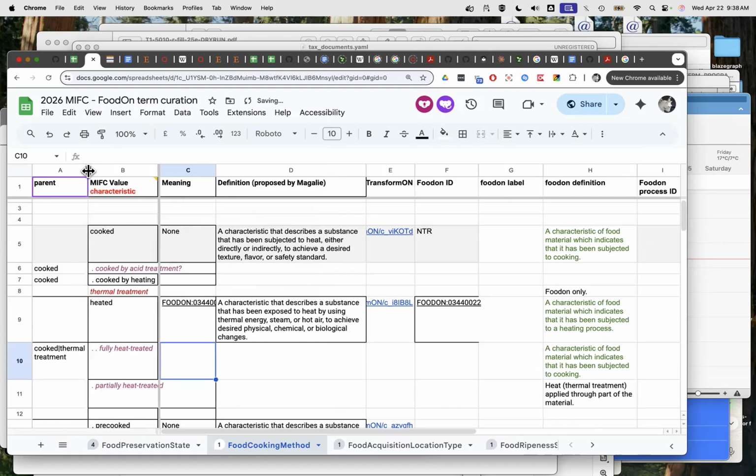Okay, so we've got fully heat treated, cooked and thermal treatment, partly heat treated. That's the question, whether that's also, so these are under heated. Whether that's also, it's certainly a thermal treatment. Is it also cooked?